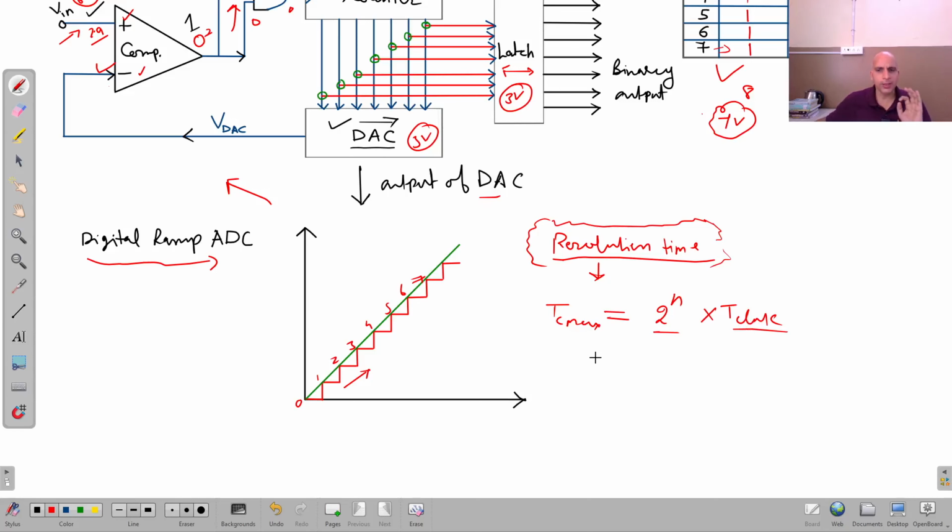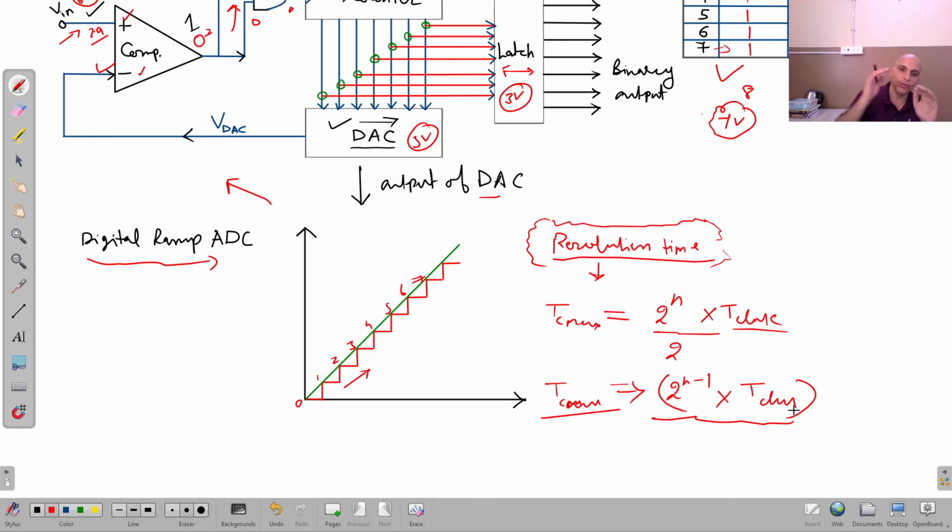If I talk about the average time, then I have to divide it by 2. So in that case, the T conversion average will become 2 raised to power n minus 1 into T clock. So this is the time that must be spent in order to have a conversion from A to D, right?